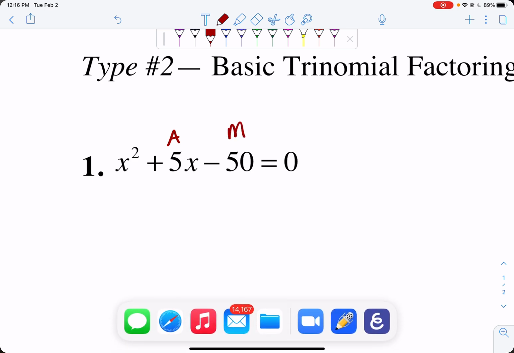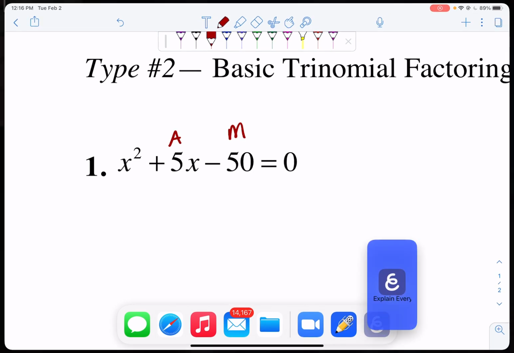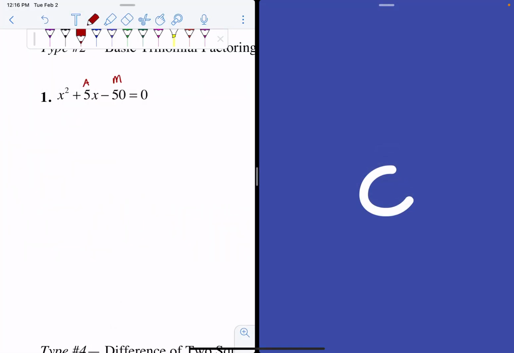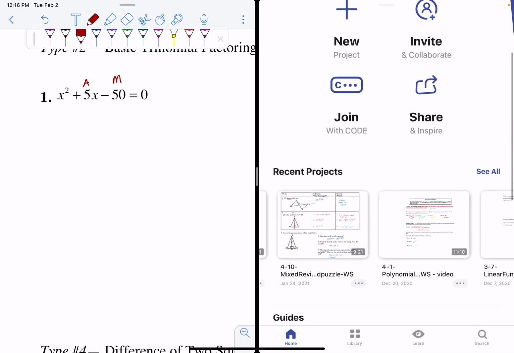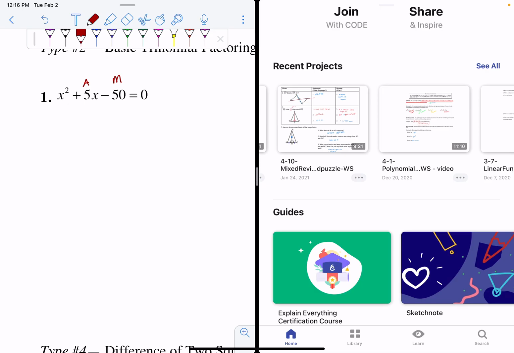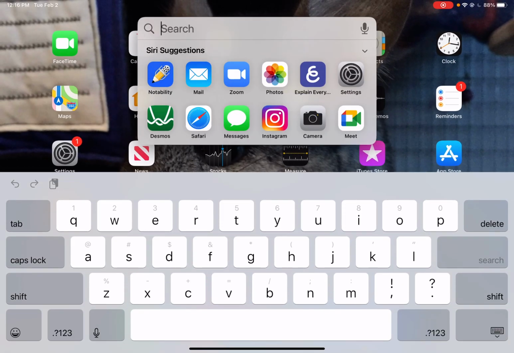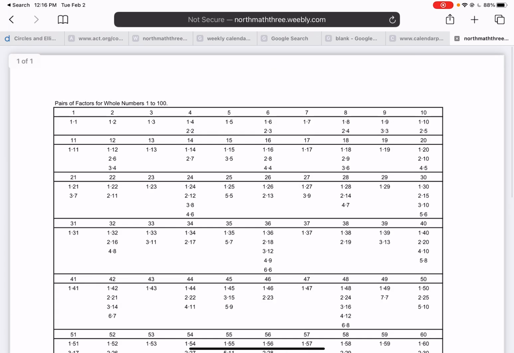So if I look, I'm going to pull up my Explain Everything. Where are my factor sheets? Okay, so Safari. Factor pairs from 1 to 100.